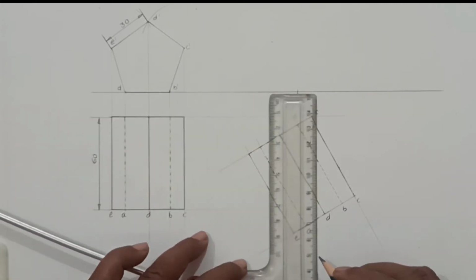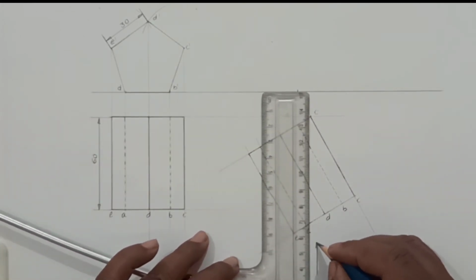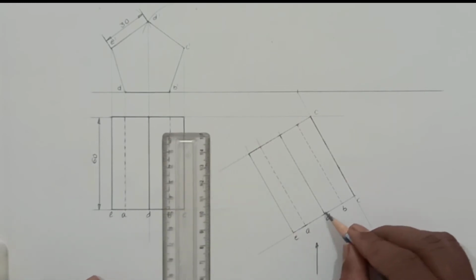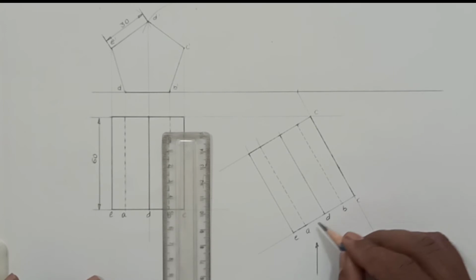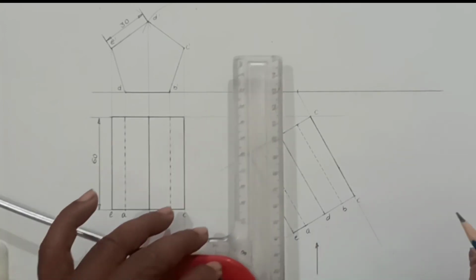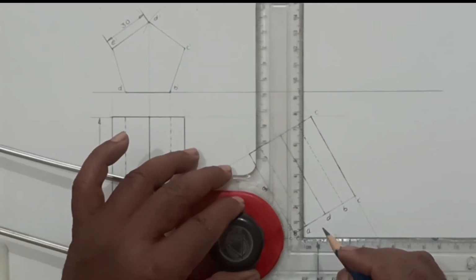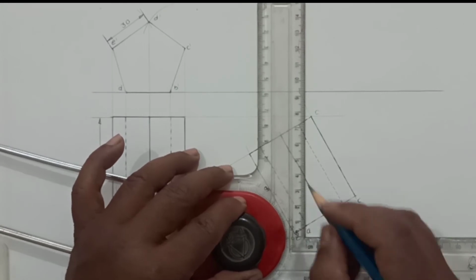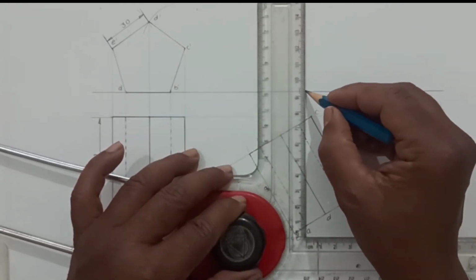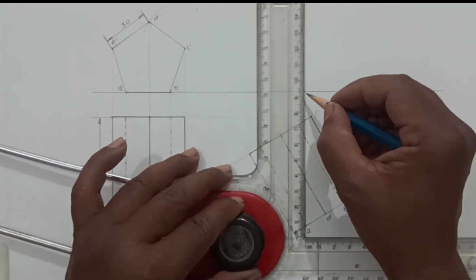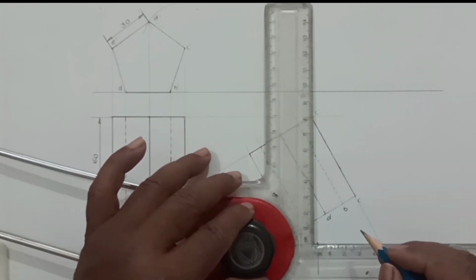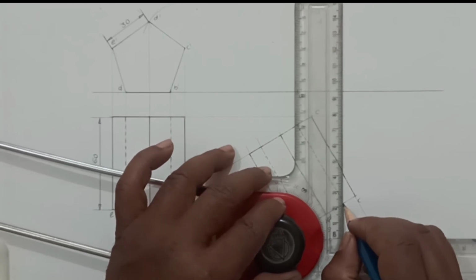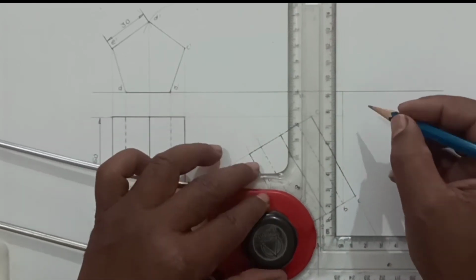Now for front view, when we are looking in this direction, this pentagonal base is clearly visible. So we will try to locate this first. Consider the point E. The point A will be here. This projection line will give the point A. Then point B will be here.